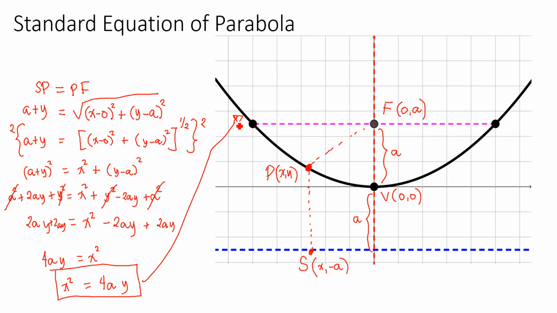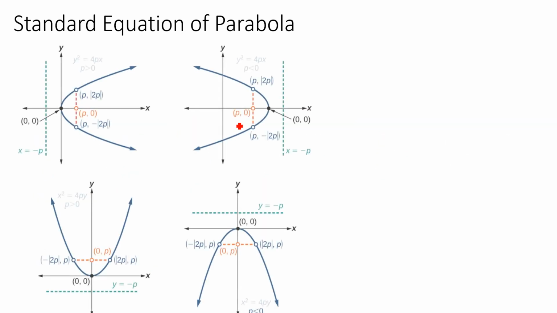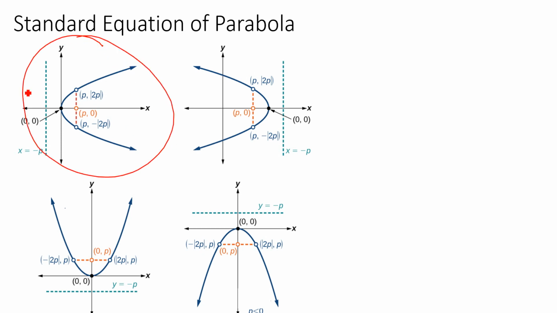Now, what will happen if the graph opens downward? Then we have x squared equals negative 4ay. So let's have this one. Focus on this portion. If the parabola opens to the right, then we have y squared equals 4px.